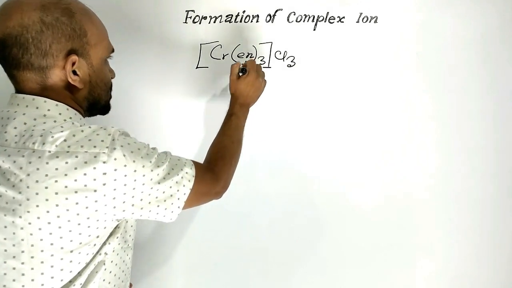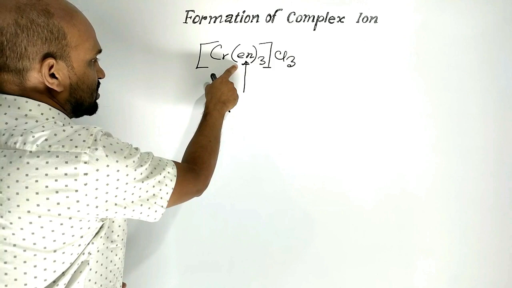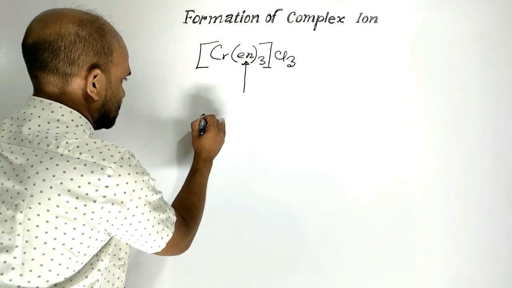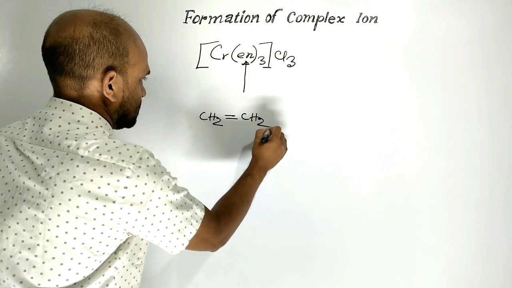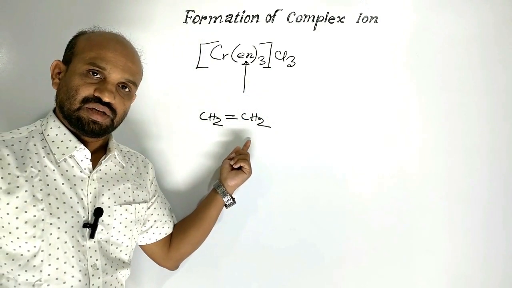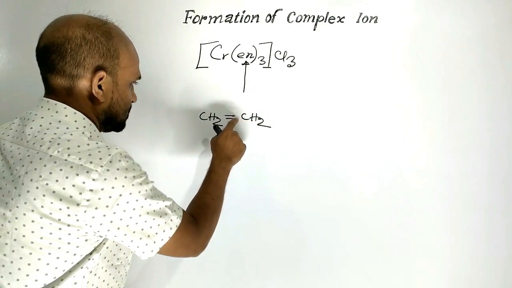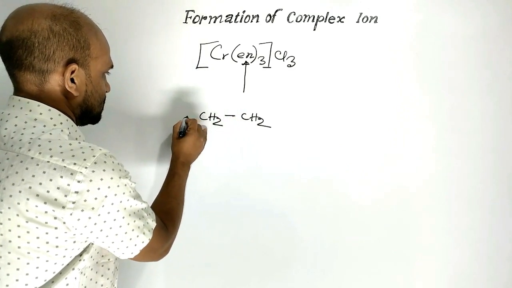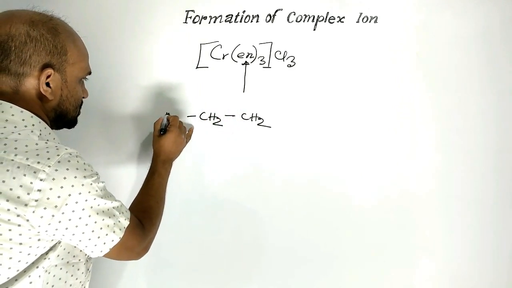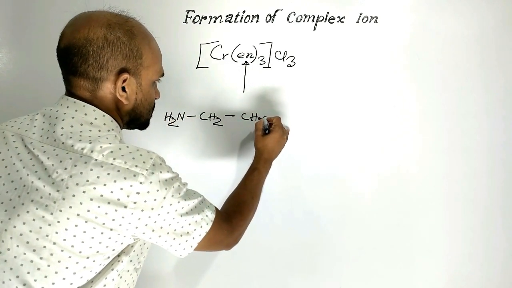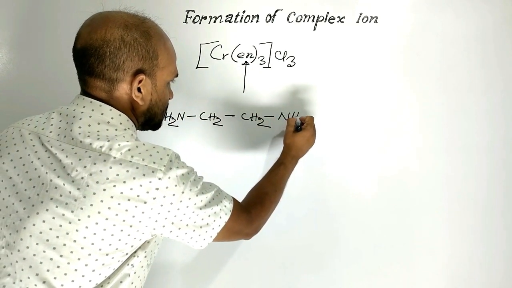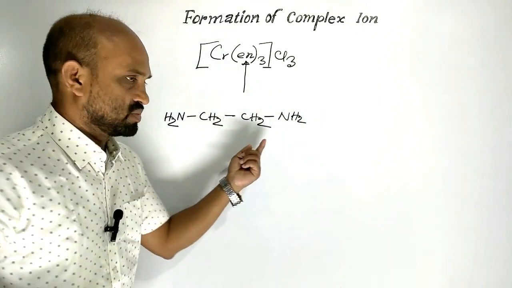Here, first of all, let us try to know what is N. This is ethylene. Here, one amino group. Here, another amino group.